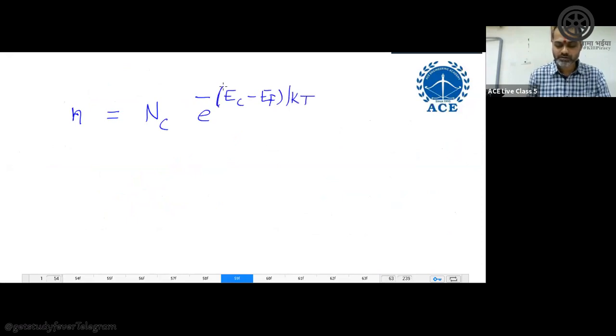Let us try to understand each and every term. What is this n? It is nothing but the number of electrons. Otherwise, can I say the number of occupied states? Number of electrons is nothing but the number of occupied states.